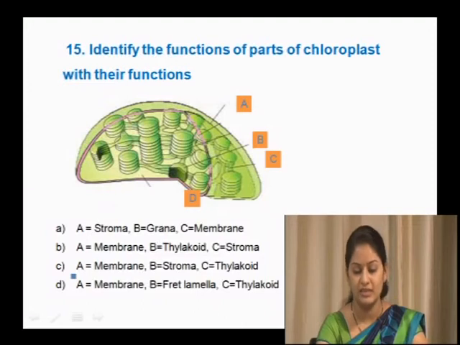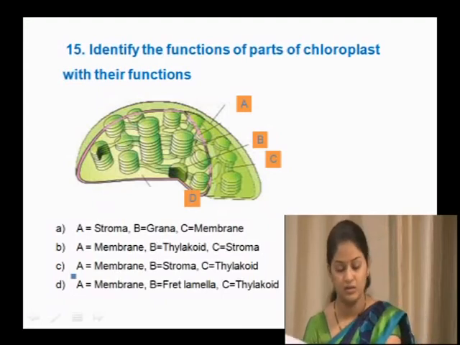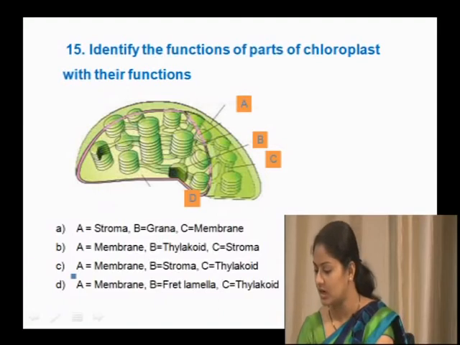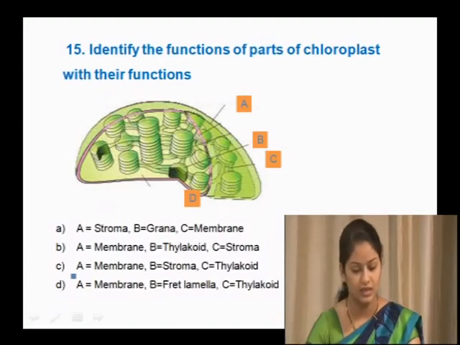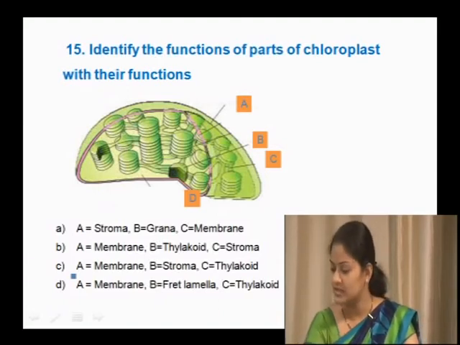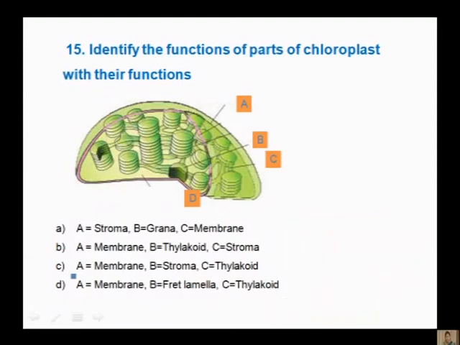The B label indicates the grana, that is the set of thylakoids there, and option C indicates the stroma. So, the right answer for this question is option B.